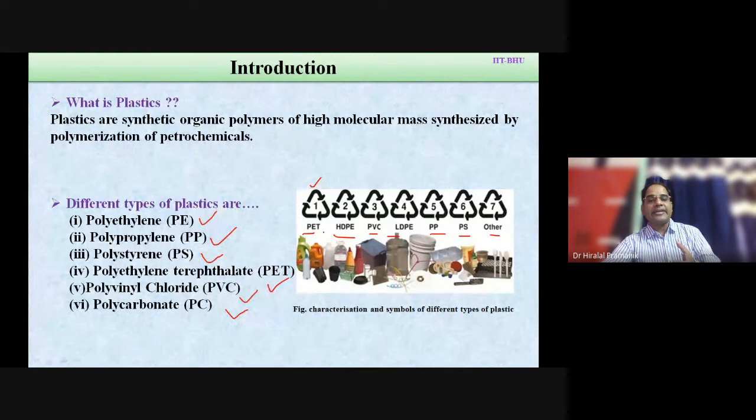If 2 is mentioned on the bottle, then it is HDPE. Similarly, if 3 is mentioned within this code, it is PVC. Even if they don't mention the name, from this number coding you can say what raw material is used for that particular item.